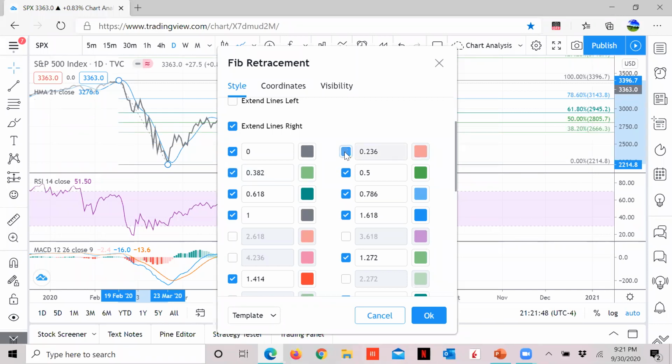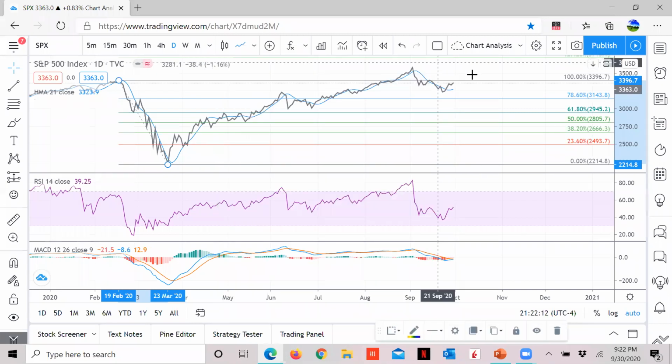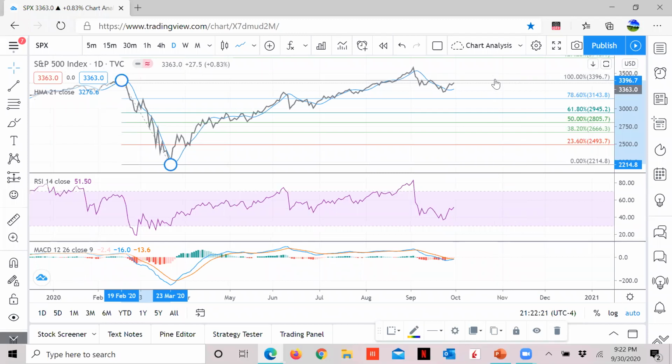So if you want to take this 23.6 or maybe this 50, you can turn it on and off. If you want to go beyond 100, with this one, these are extension lines beyond 1. Those extension lines help you get an understanding of future levels, so you can turn them on and off.